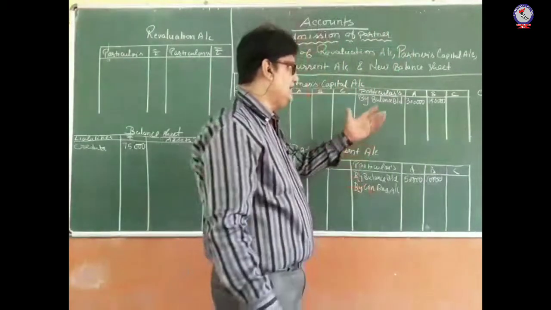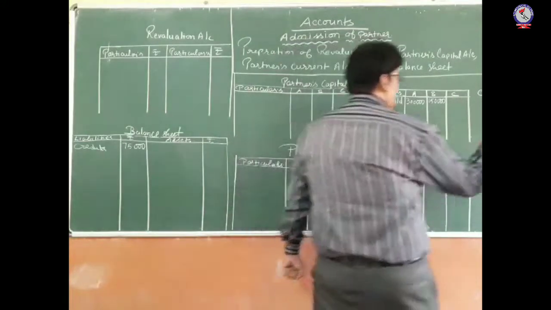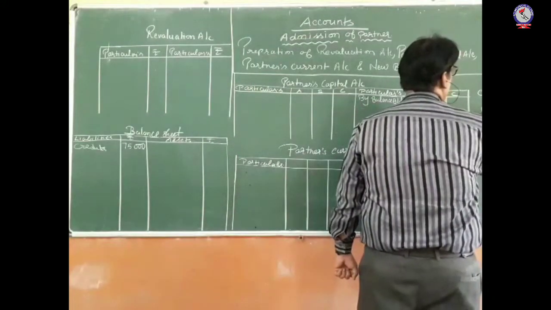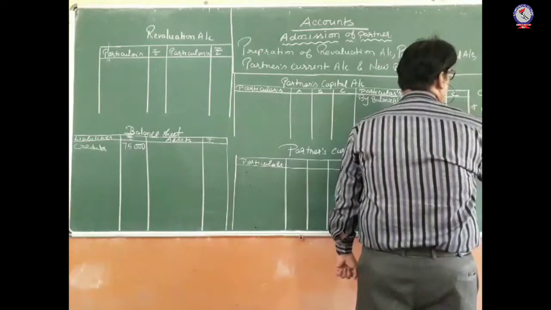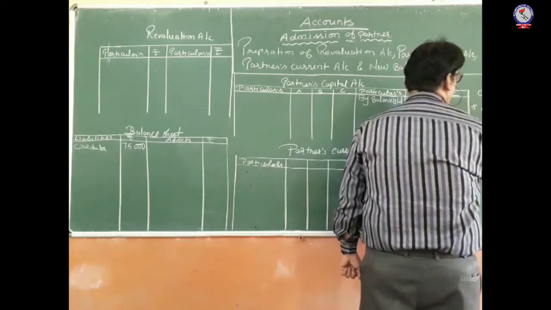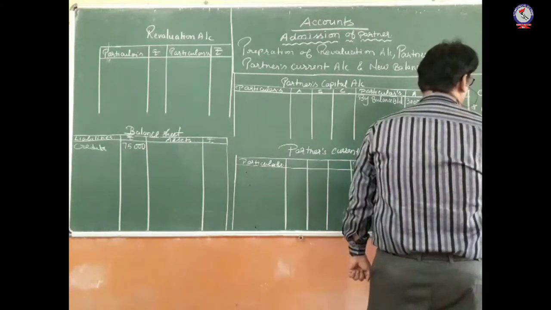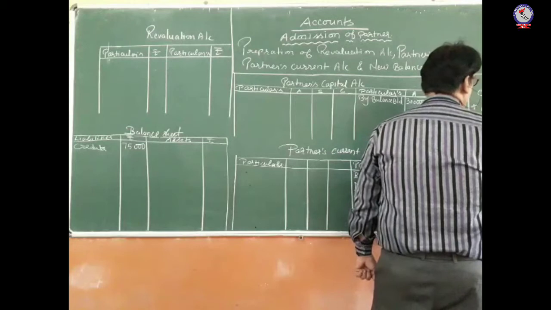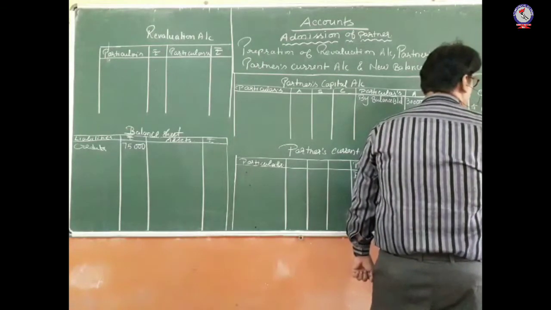So 60,000 will be divided in the ratio 3:2. General reserve 60,000 divided by 5 means 12,000. A's share will be 12,000 into 3 and B's will be 12,000 into 2.